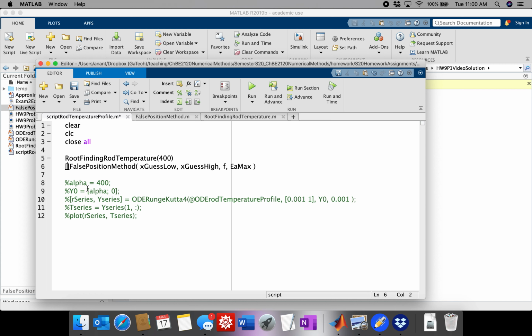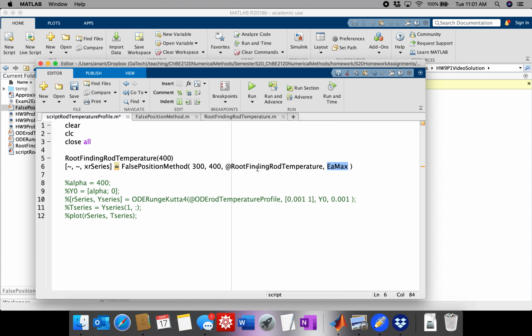We actually only really care about the XR series. We're going to guess 300, 400. The input is going to be root finding rod temperature.